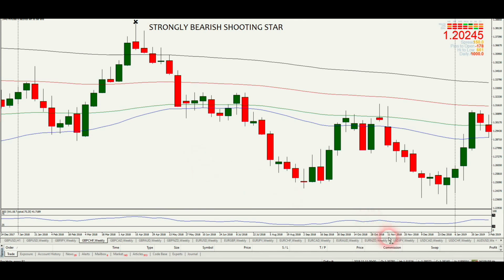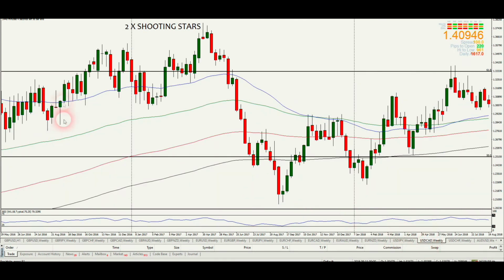And if we look at USD CAD, we've got here two bearish shooting stars. Well, this is a strongly bearish shooting star, and this is a bearish shooting star, where it's a double confirmation.